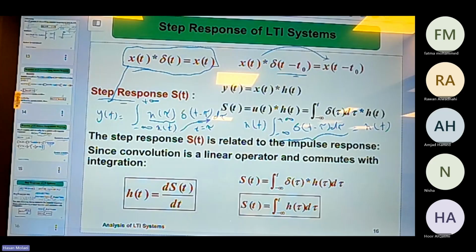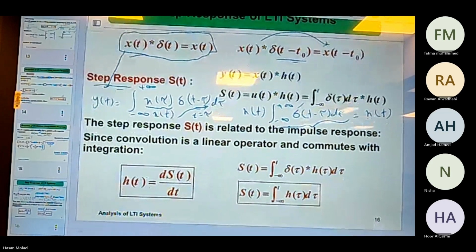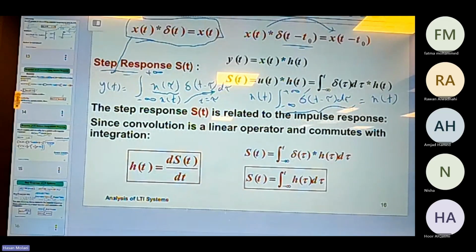Step response: if you convolve u(t) with any signal, the answer would be the integral of that signal. And the relationship is that u(t) is the integral of delta(t), so its response is again the integral of the impulse response.